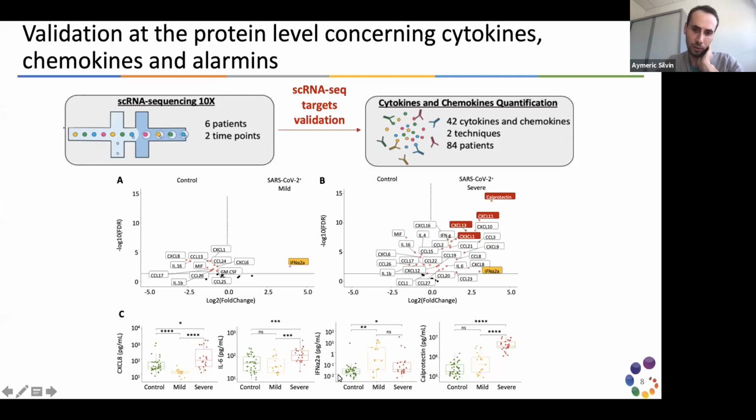And interferon alpha was highly increased in mild patient compared to control and severe. And the calprotectin was strikingly increased in severe, and the fold change is between 100 and 1,000 times more. So calprotectin compared to IL-6 seems to be much more increased in severe patients.